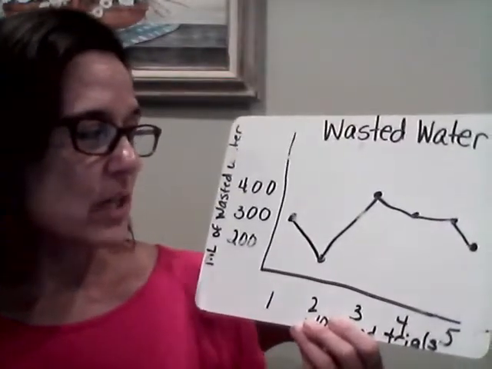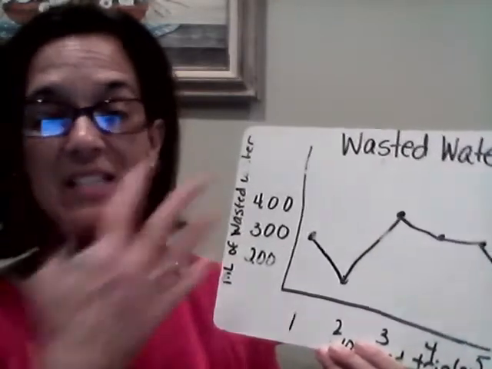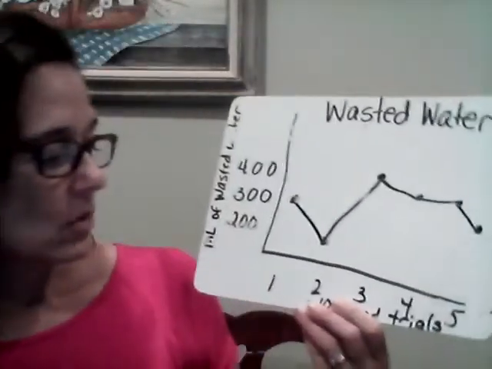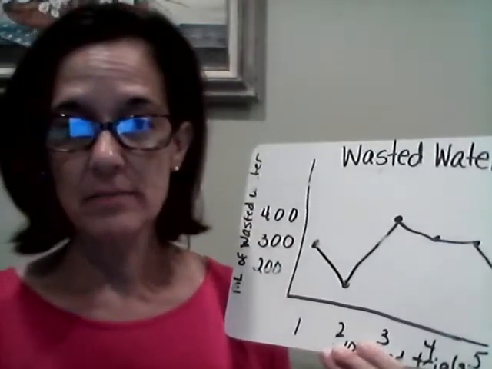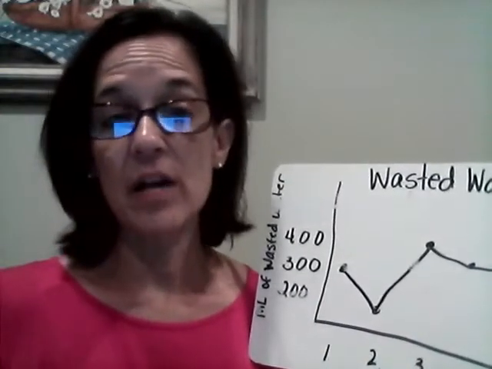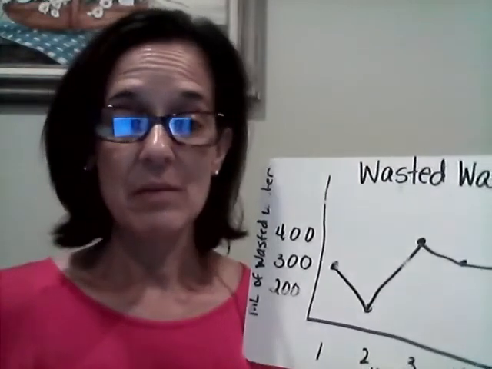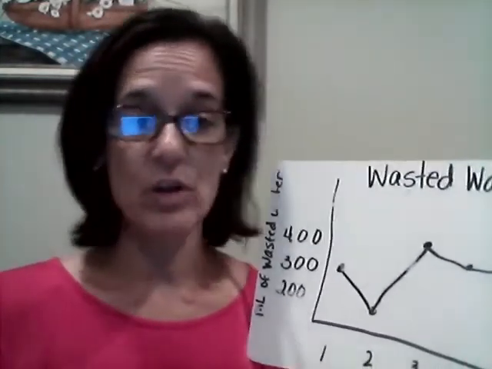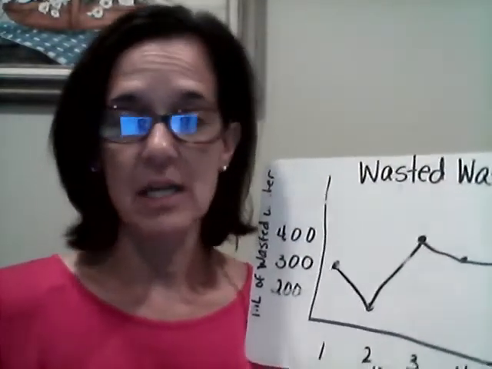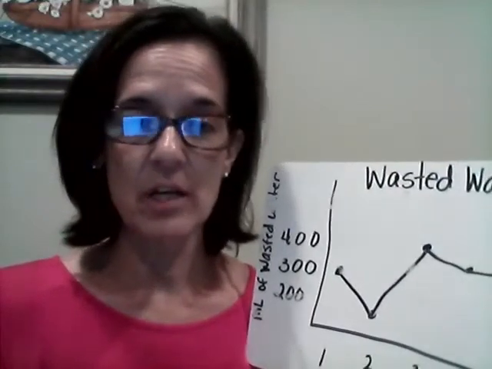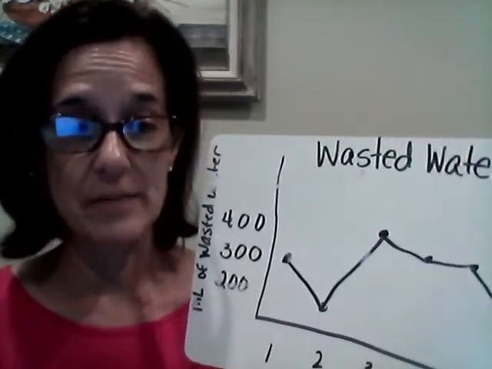And in this line graph, we could look at it quickly and see how much water was wasted altogether. We could see which trial was the most water wasted. And we could talk about some variables, like the fact that maybe she was pouring faster in one trial than another. Maybe when you're brushing your teeth, you might turn the faucet and have it faster at one time or another. So there were some variables that could change our data.